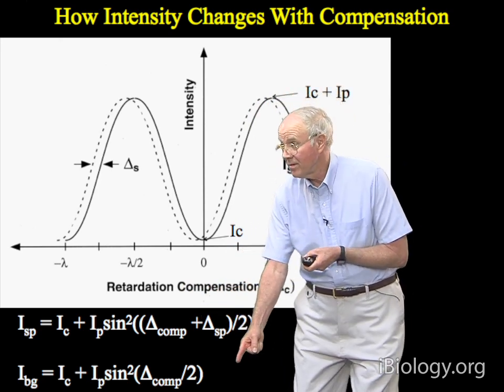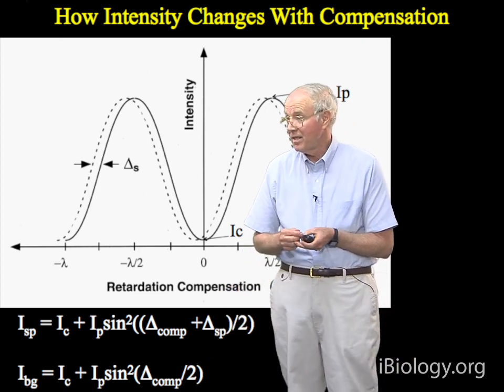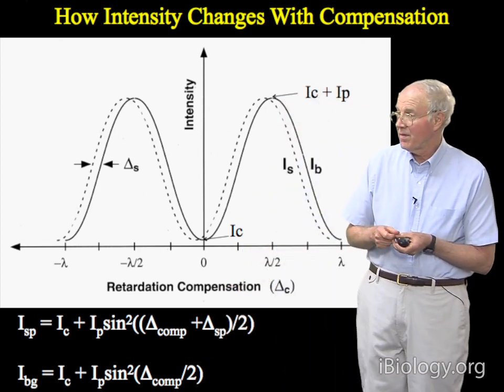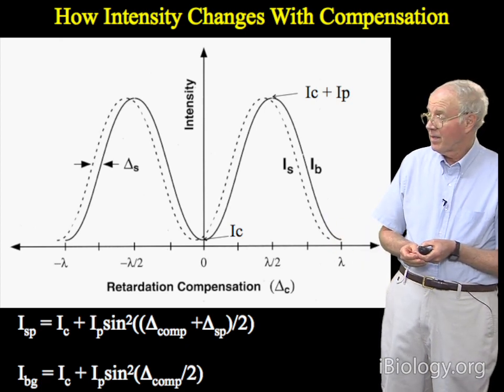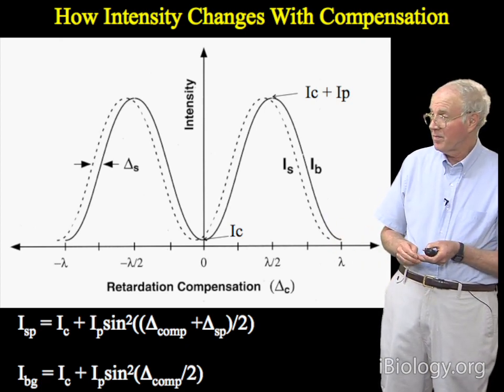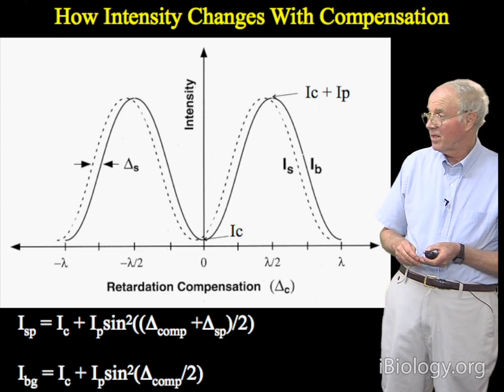And the background light intensity is just sine squared of the retardation, measured in radians, divided by 2. That's what delta means, measured in radians, divided by 2.